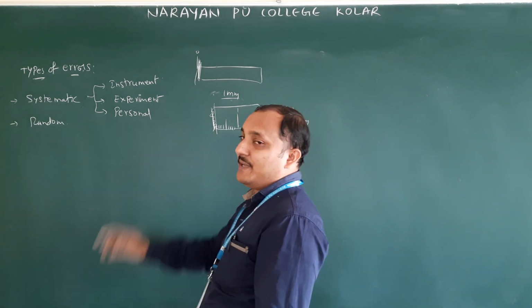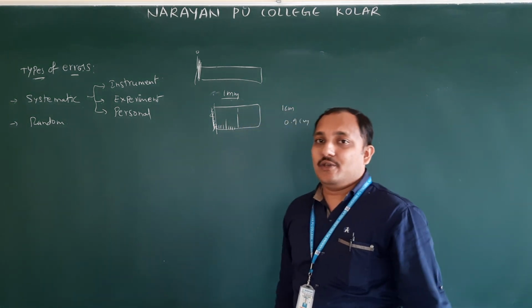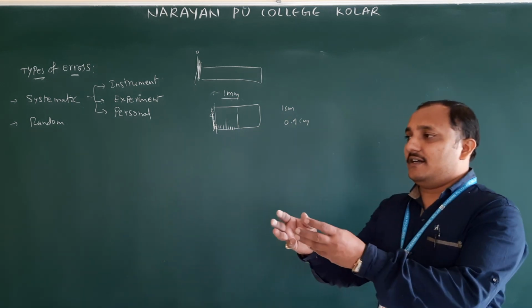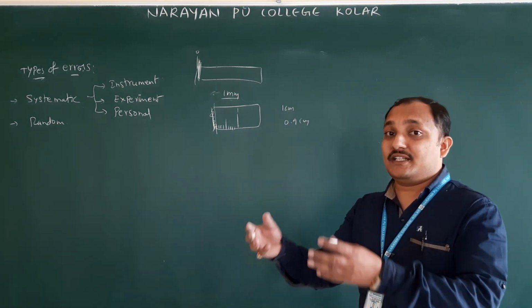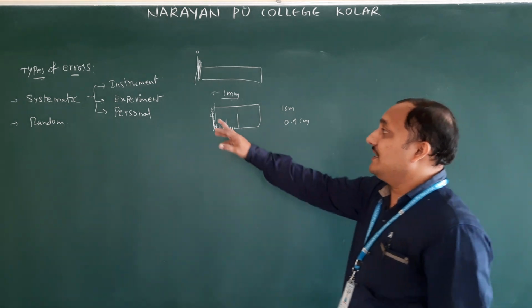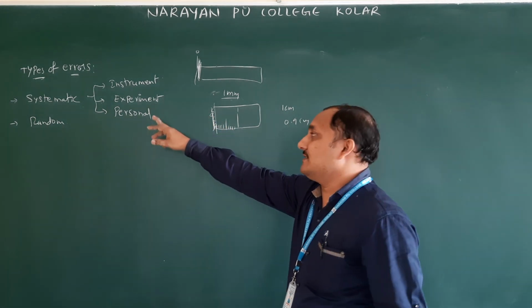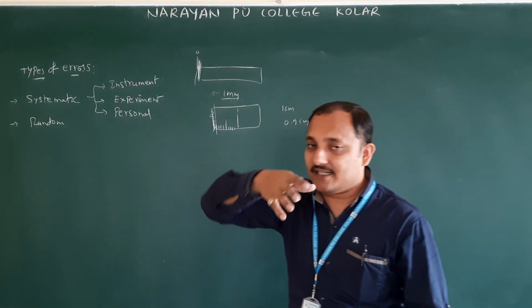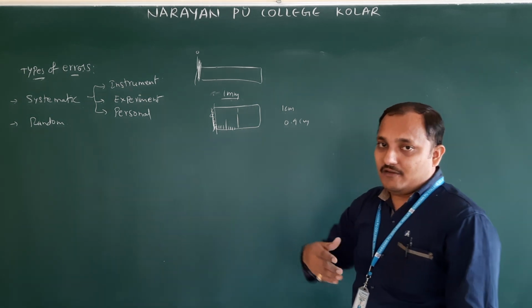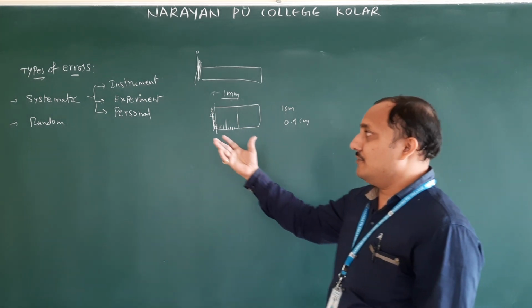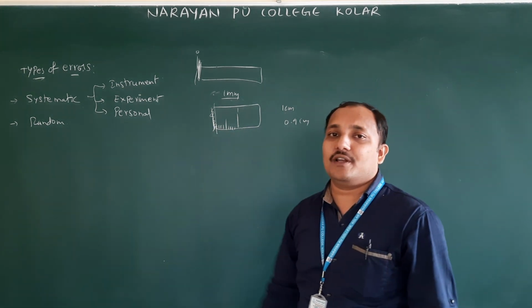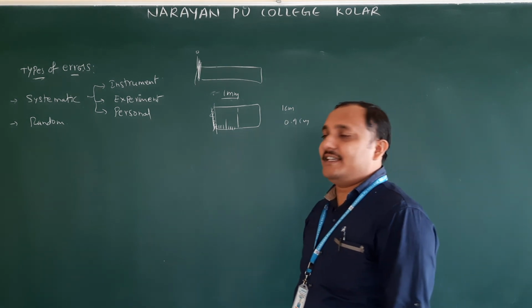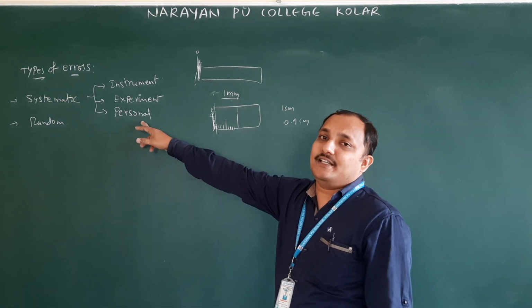Next, experimental errors. While doing an experiment, you will get errors because of the setup and so on. If you do the experimental setup wrong, you will get experimental errors. Next one is personal errors. Personal errors depend entirely on us. We may be careless and not take care properly, and because of our carelessness you will get personal errors.